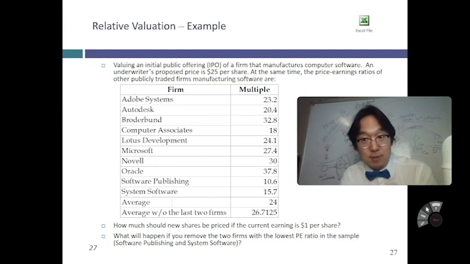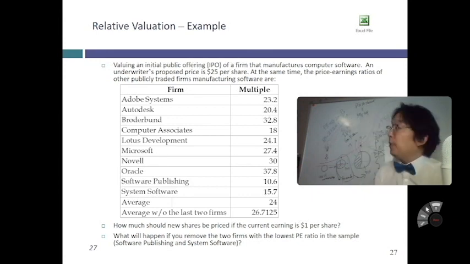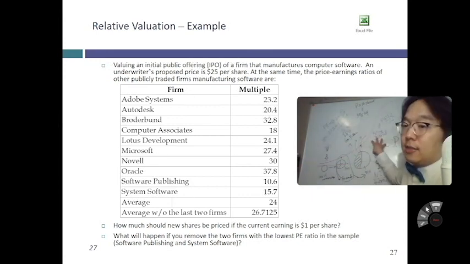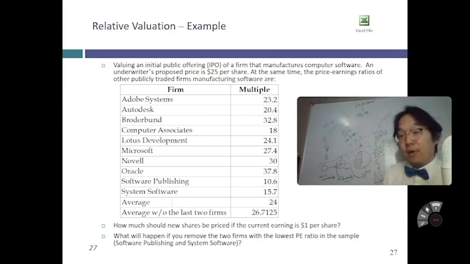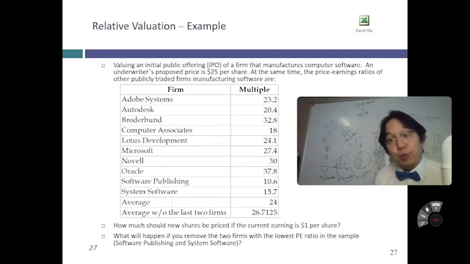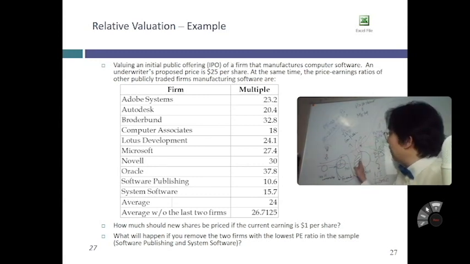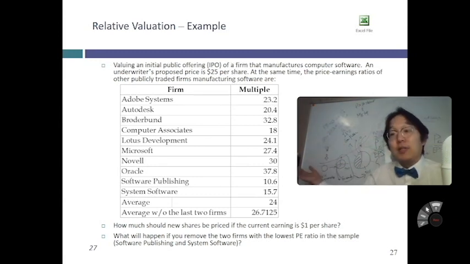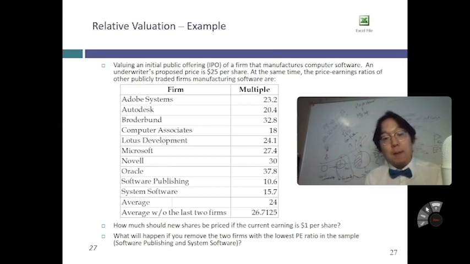Applying the same idea to your company, you don't have a price in the market, but you have at least the net income figure in your accounting book, because in your private company stage, you have accounting information. So why don't we multiply this 26.7 times your EPS, earnings per share?